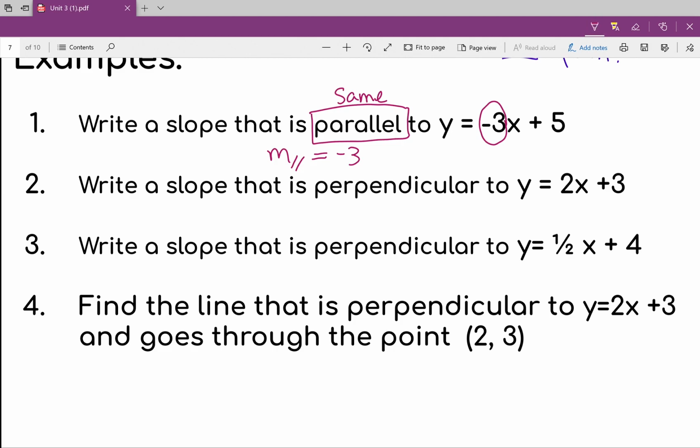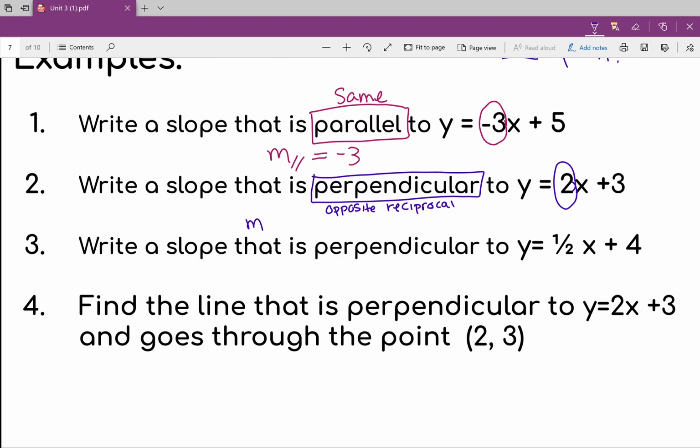Okay, let's look at example 2. It says write a slope that is perpendicular to y equals 2x plus 3. Remember, perpendicular means opposite reciprocal, which just means the sign changes and the fraction flips. The slope of y equals 2x plus 3 is 2. In order to find the slope that is perpendicular, we need to first change the sign. 2 is positive, so we're going to write negative.